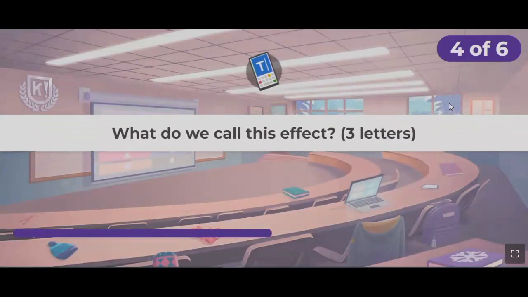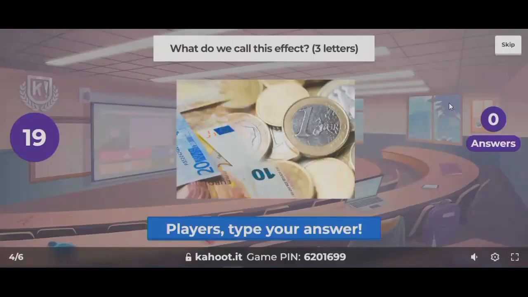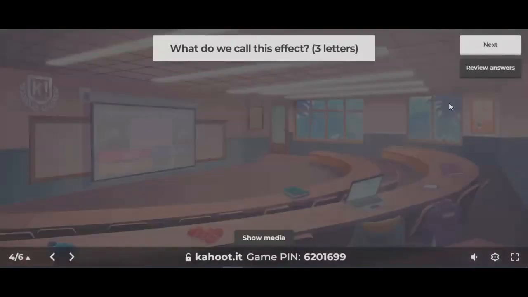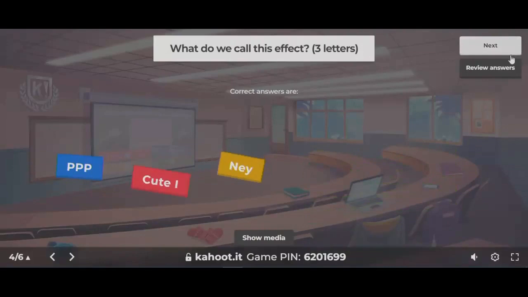Type your answer. What do we call this effect from the previous question? The answer should be 3 letters. The answer is PPP. 3 letters.